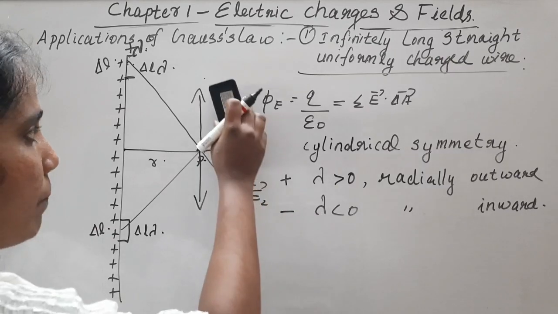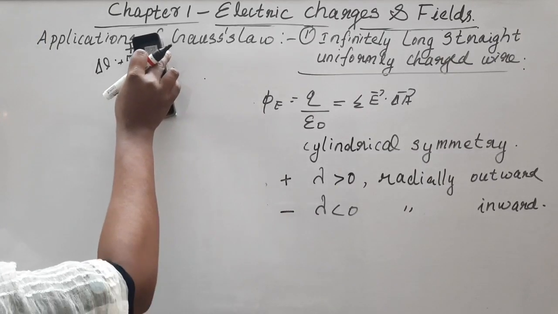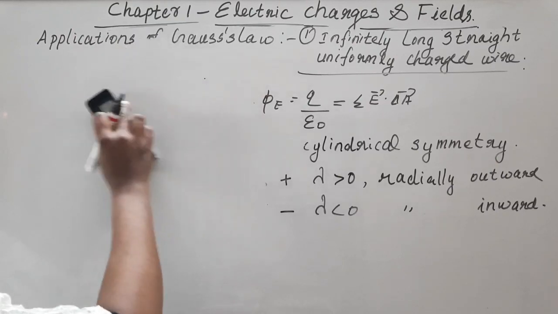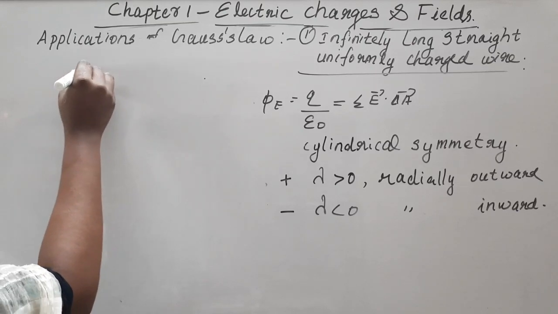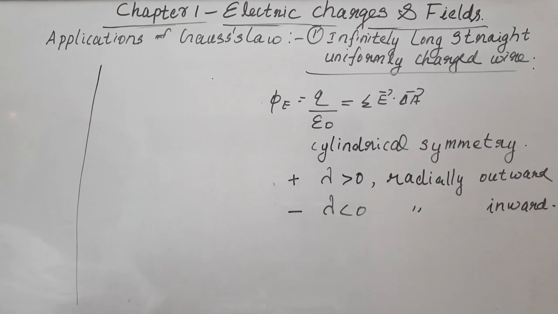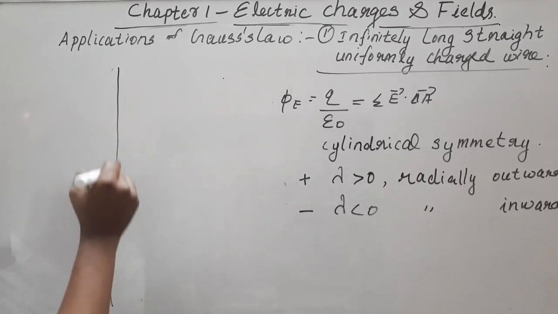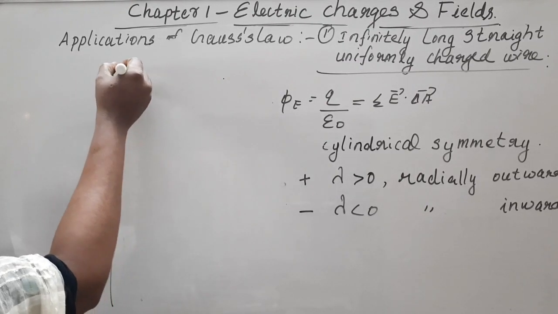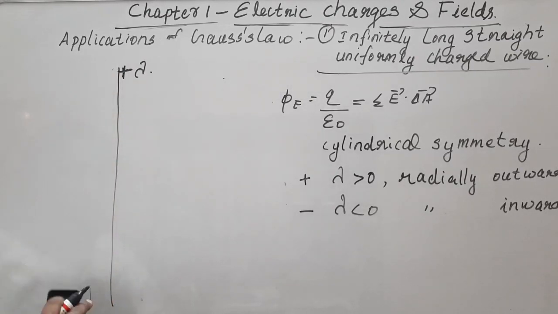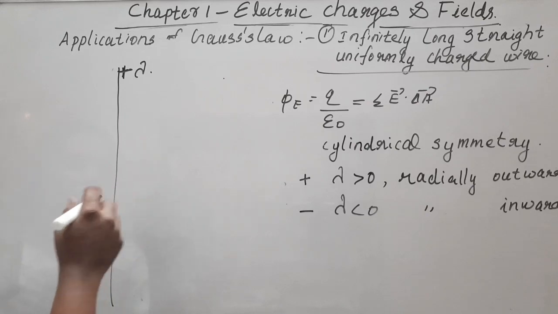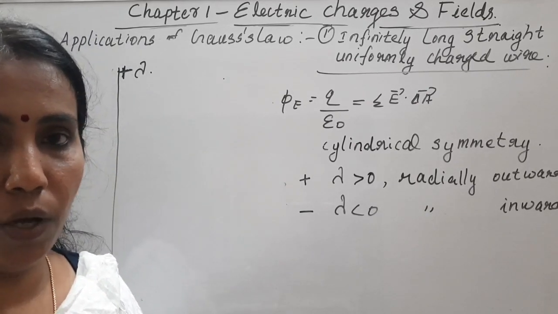So in finding the electric field, we need to apply Gauss's law. In using Gauss's law, the first step is to imagine a Gaussian surface. So this is the linear charged wire. I am showing the positive charge only here, plus lambda. It is a uniformly charged wire. Then what shape of Gaussian surface do you need to imagine?